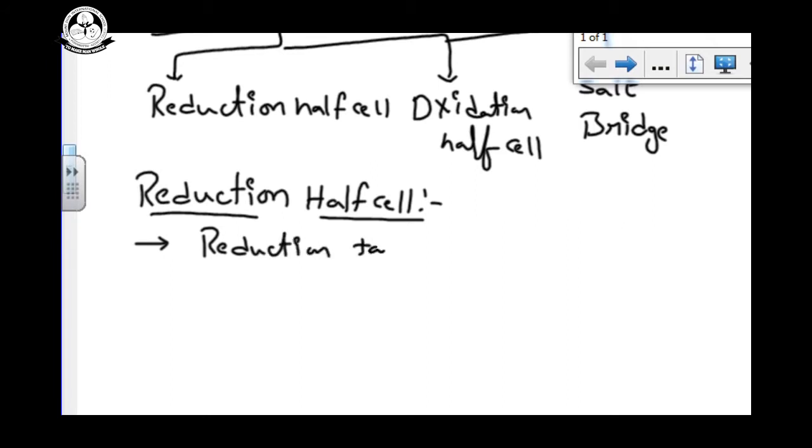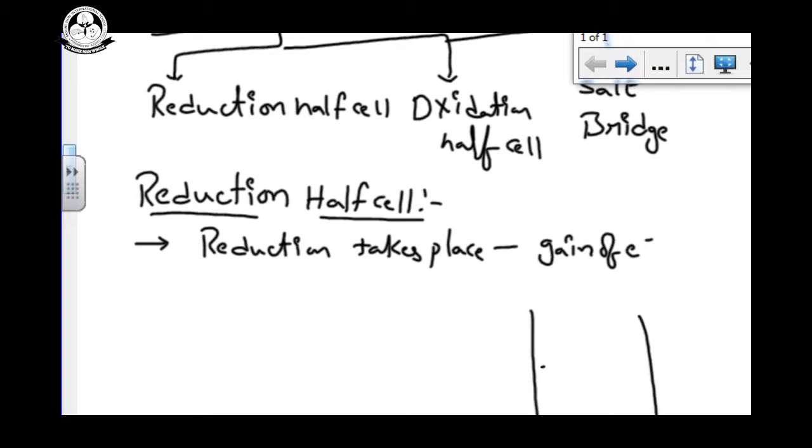Reduction is the gain of electrons. So generally you can draw the cell construction like this. That is the solution. Electrons will be gained.